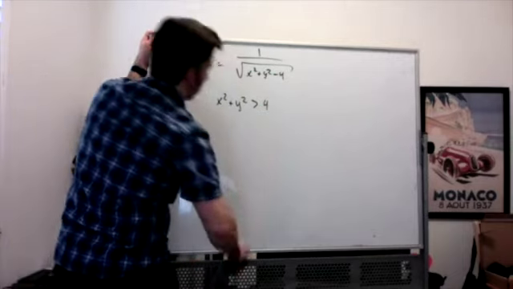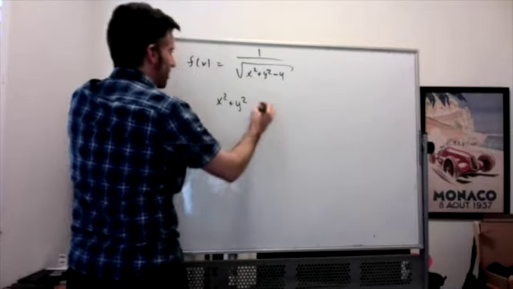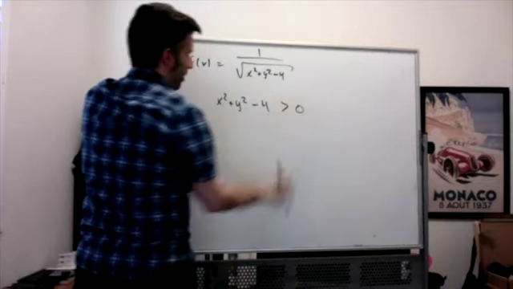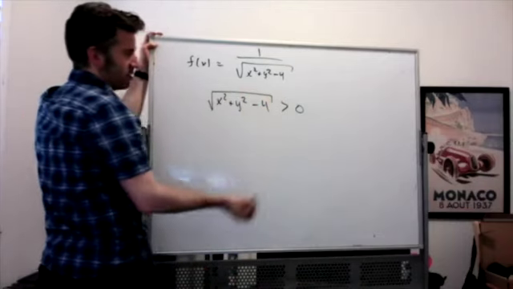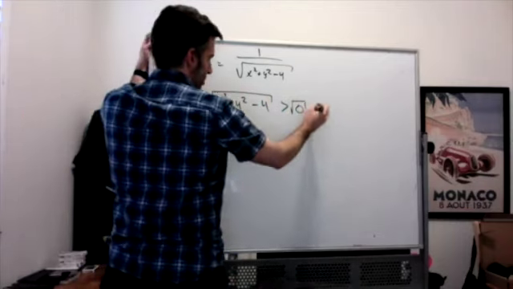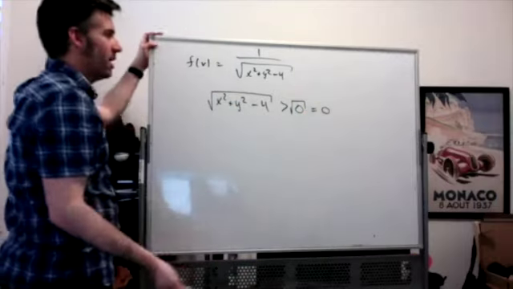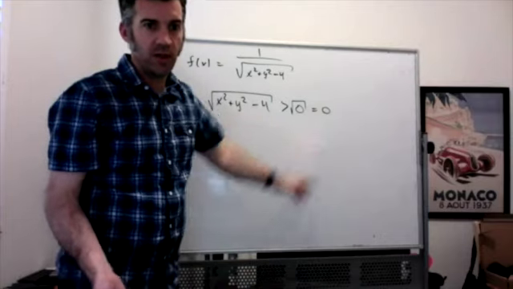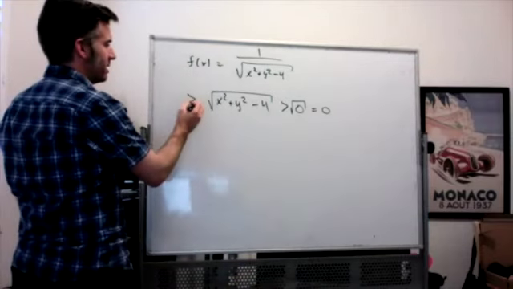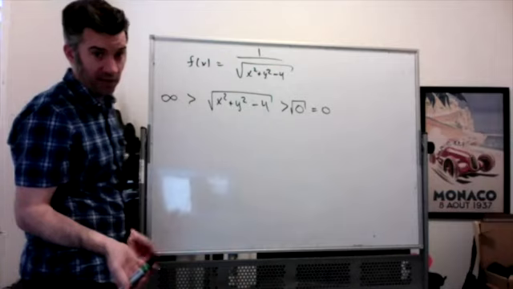So I'm going to subtract 4 from both sides, and it has to be greater than 0. And then the square root of a thing that's bigger than 0 is still bigger than 0. So now here's the thing. I want this to be bigger than 0, and there's no upper bound on it at the moment.